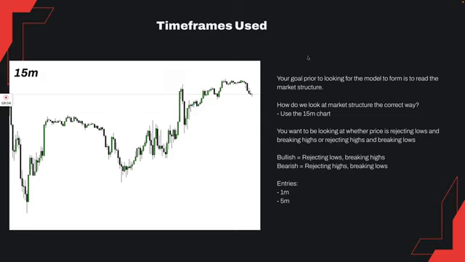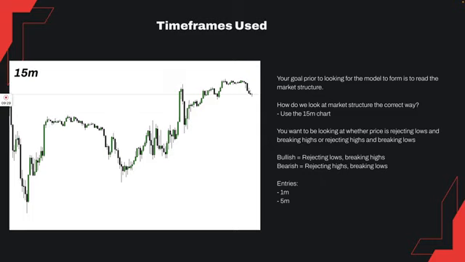So what time frames do we use? Your goal prior to looking for the model to form is to read market structure. Before you even try looking for your model, before you try seeing the London twilight model, you must understand market structure.